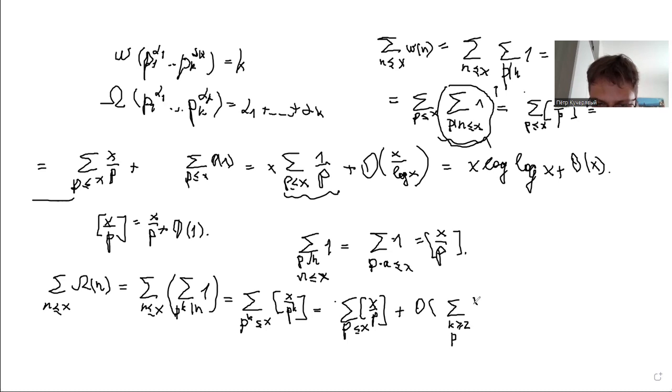And here I write x over p to the power k. And this is big O of x because the sum over all powers, not only prime powers, converges.